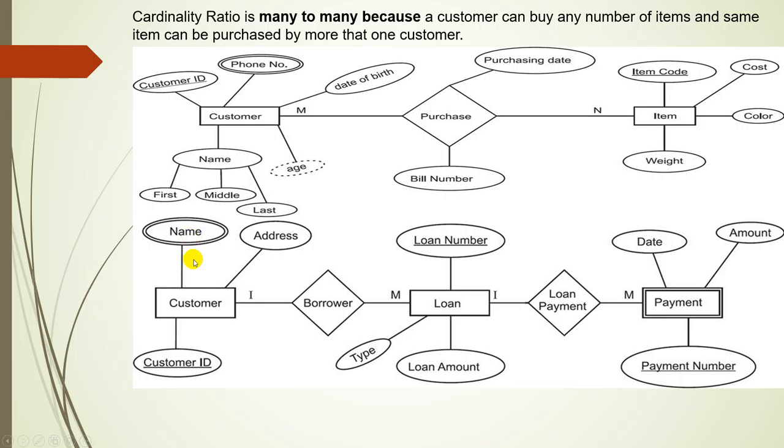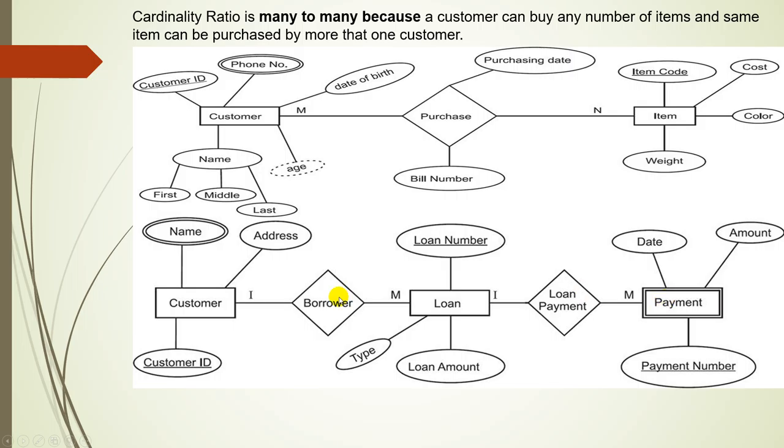It shows a customer may have more than one name, but an address and a unique ID for a customer in the bank. Each loan has a unique loan number, loan amount, and loan type, and each payment has a unique payment number, date, and amount.